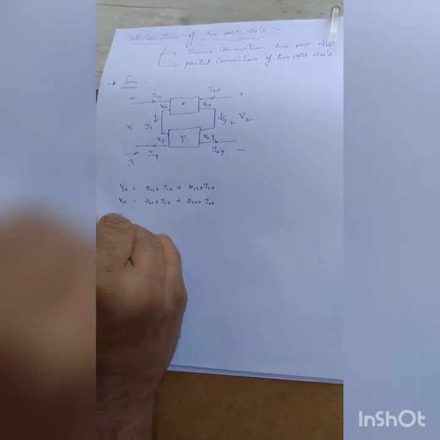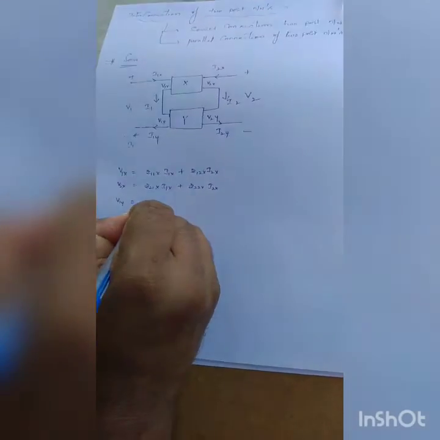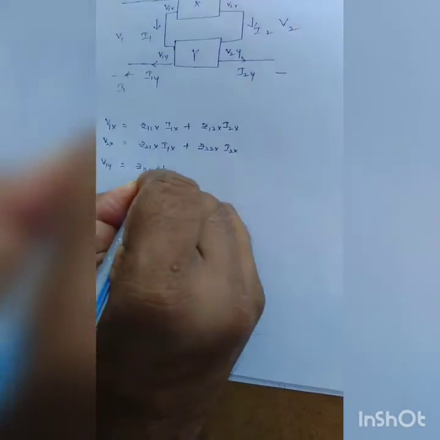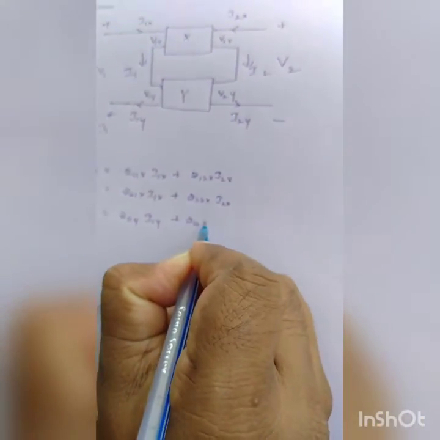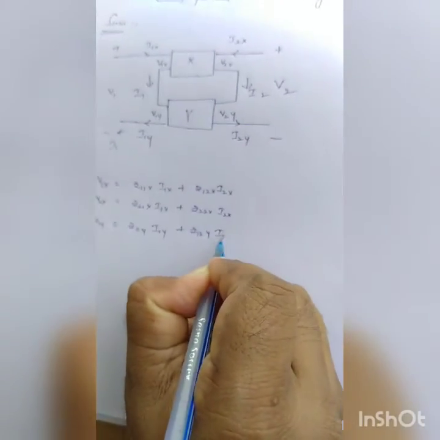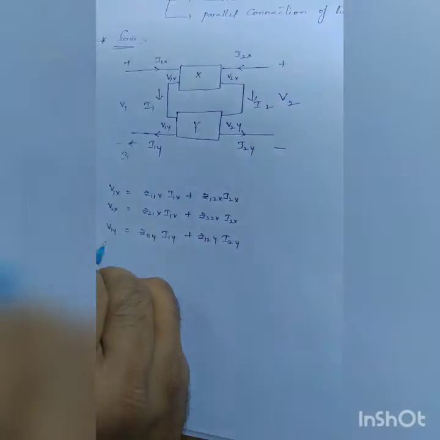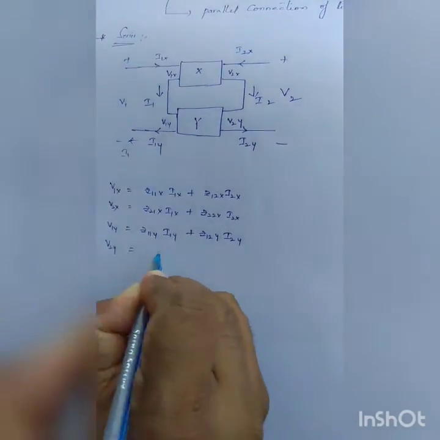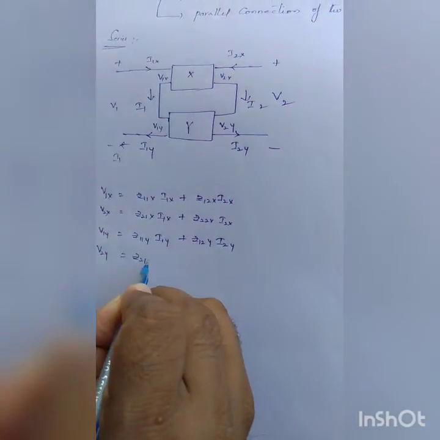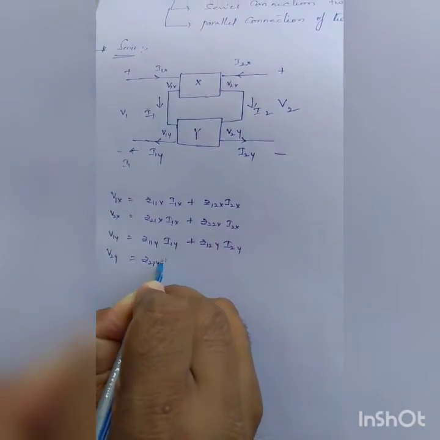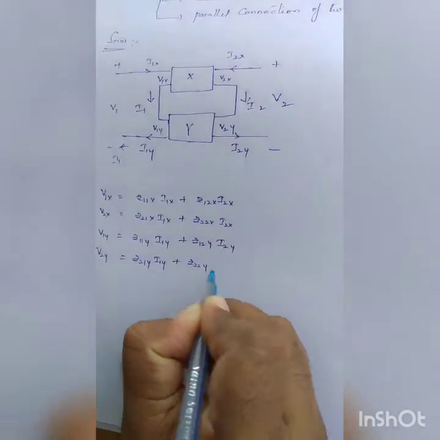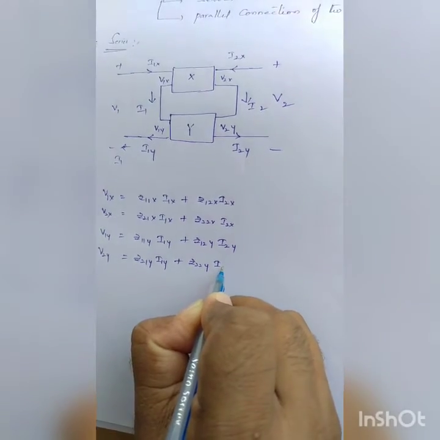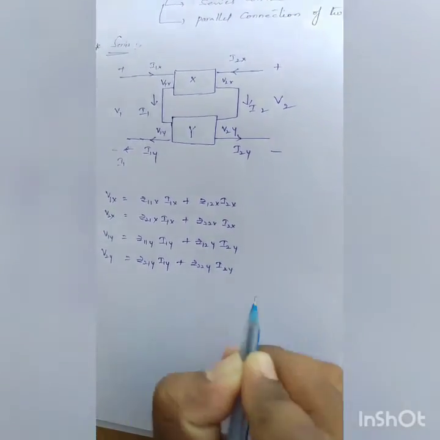Same for the Y component: V1Y is equal to Z11Y I1Y plus Z12Y I2Y. V2Y is equal to Z21Y I1Y plus Z22Y I2Y.